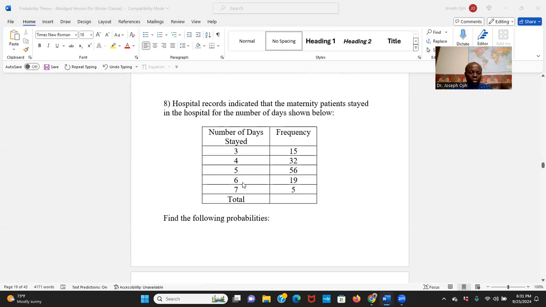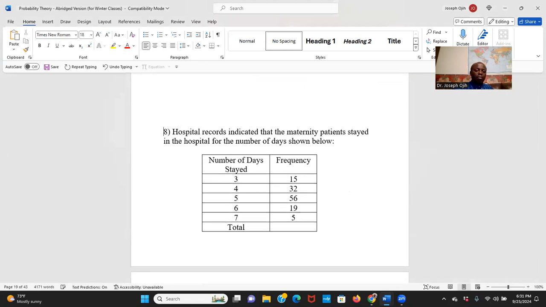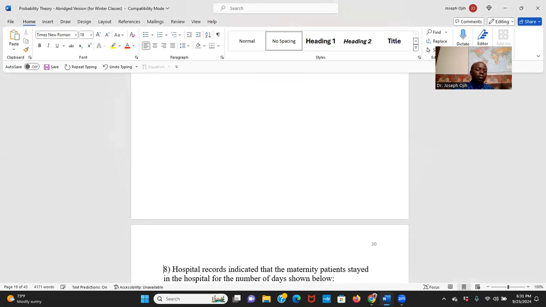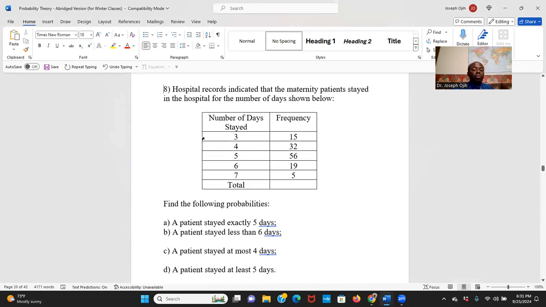Let's apply this to this question here. It says that hospital records indicated that maternity patients stay in the hospital for the number of days shown below.